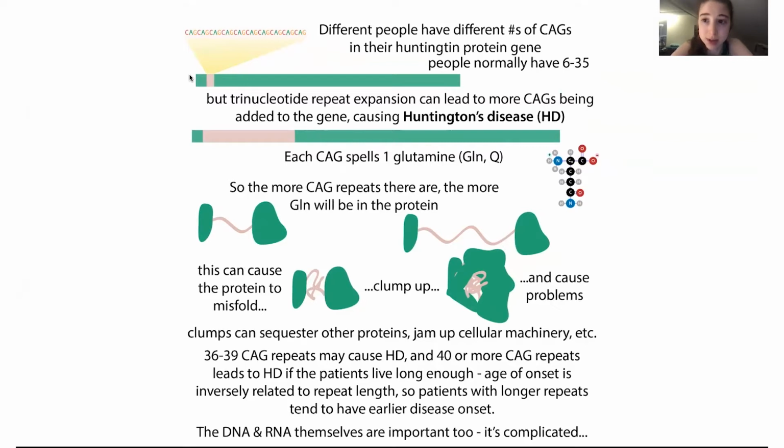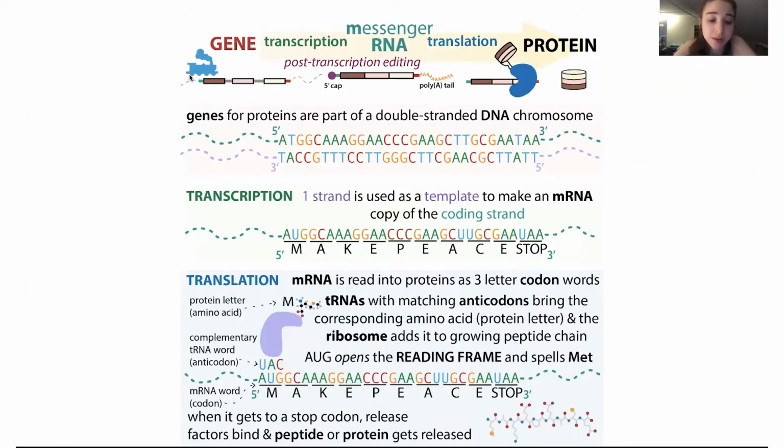So there are different types of genetic mutations, and Huntington's disease is caused by a repeat expansion. When we're talking about inheriting 1 copy of each gene, these genes have the genetic recipes for making the proteins. In a process called transcription, a messenger RNA copy of the gene is made.